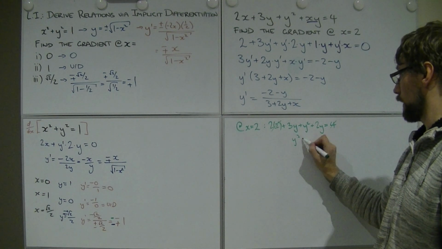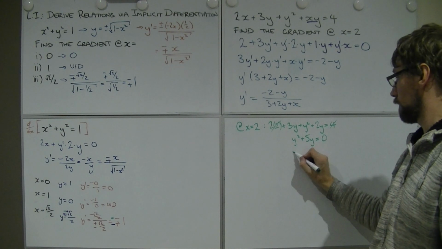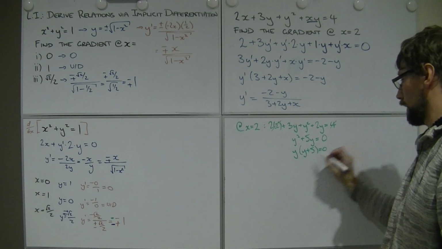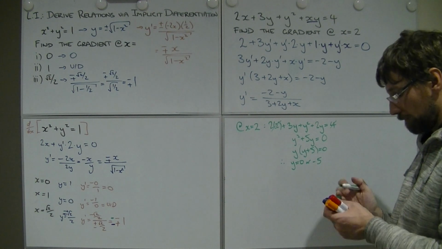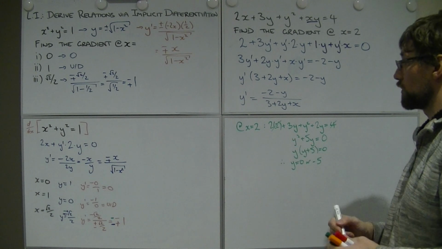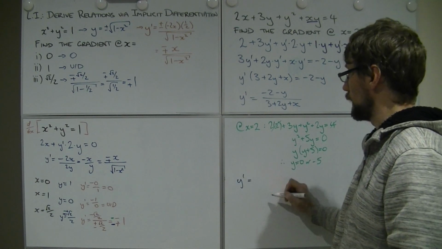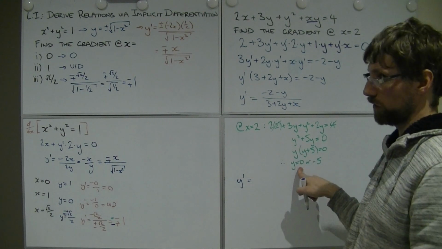Great, we've got y squared plus 5y equals 0. Factor out a y. y times (y plus 5) equals 0. Therefore, y could equal 0 or -5. Okie dokie. Well, we've got multiple options to pick now, so y prime, we've got 2 different options. We'll run the 2 and the 0 first.